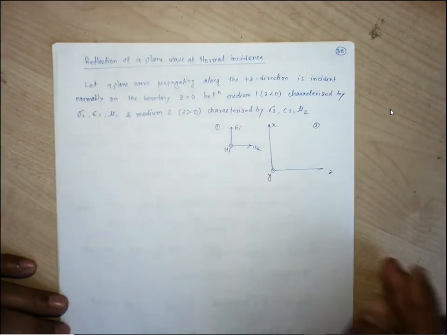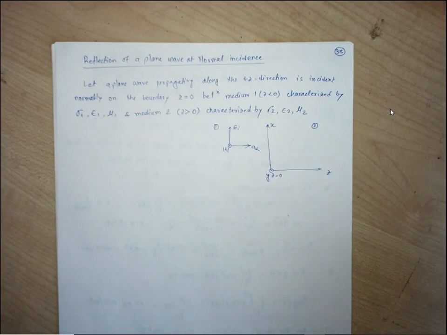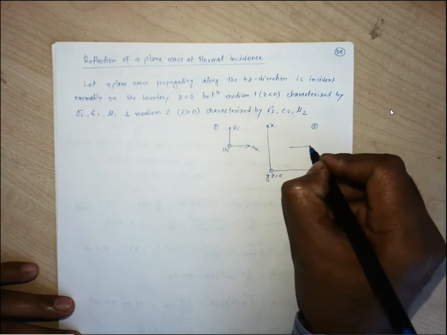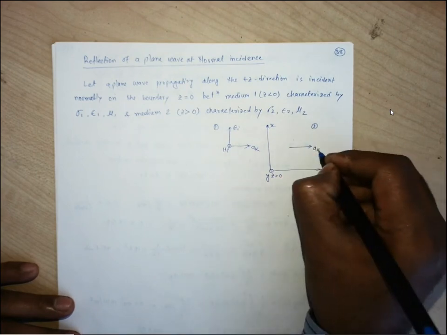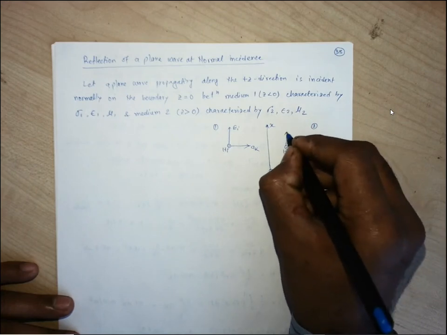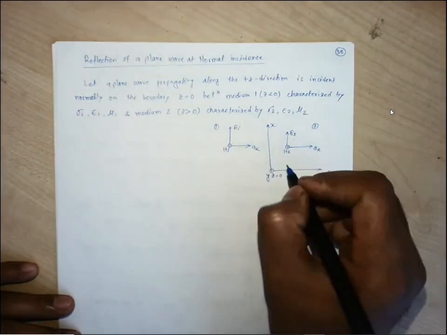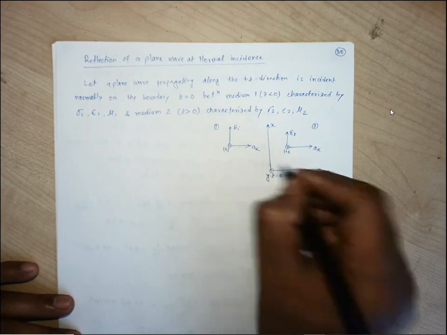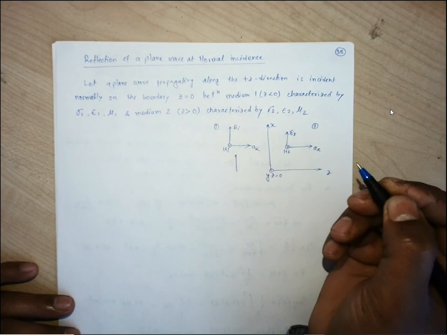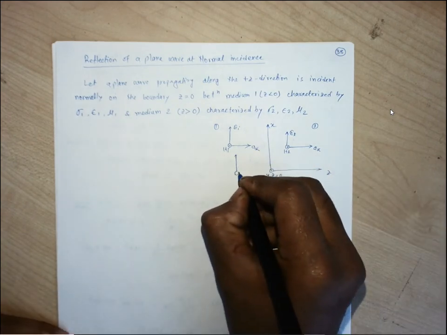When it is incident on the boundary at z equals 0, we have the portion which is still propagating, that is the transmitted part, HT, ET, as well as the reflected part of this incident wave. For this reflected wave, only the magnetic field will change its direction.